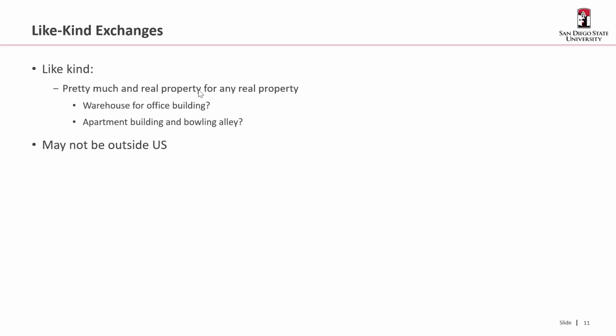Well, pretty much any real property for any real property is considered like-kind. So, for example, a warehouse for an office building, like-kind. An apartment building for a bowling alley, you bet, still like-kind. However, one of the restrictions is, for 1031 to apply, the property may not be located outside the United States.